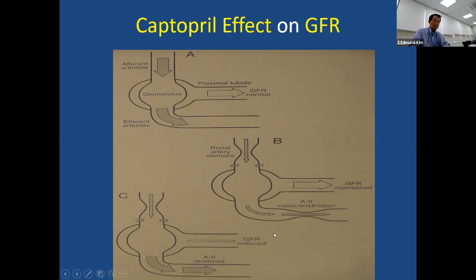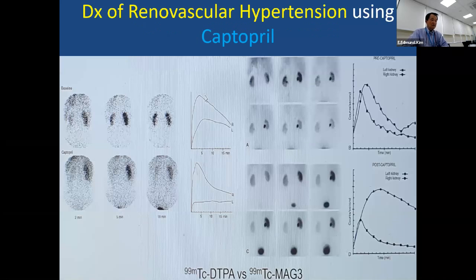I will show you. In the evaluation of renal vascular hypertension, by the way, more than 90% of hypertension is idiopathic, so renal vascular hypertension is a very small percentage.